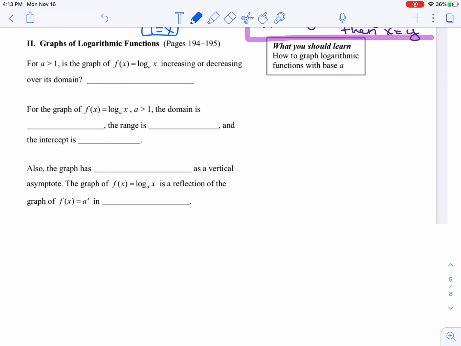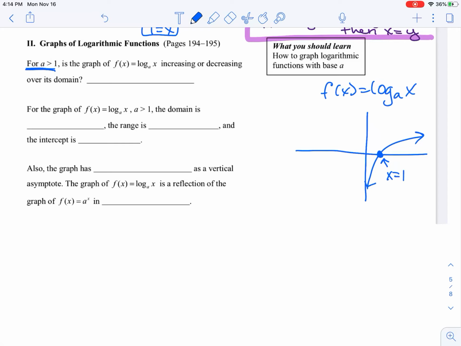All right, part 2. If we're looking for the graph, as long as a is greater than 1, if f of x is the log base a of x, this is what it looks like. It's going to look something like this. Just like before, an exponential function had an intercept of y equals 1.